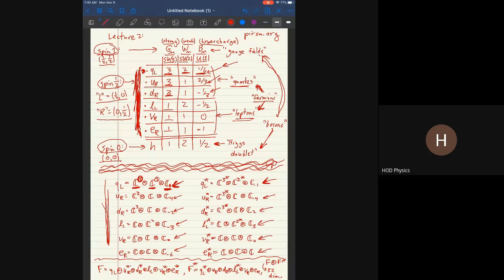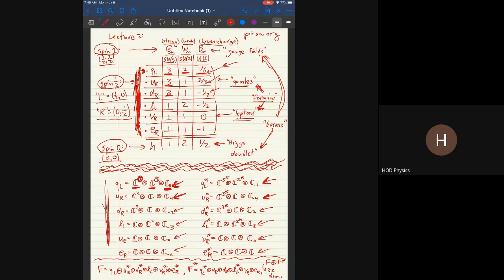That transforms in the complex conjugate representation under the gauge group. And so I've added what I've called Q left star here. So for every representation on the left-hand side, which was described in the table above, there's a corresponding complex conjugate representation on the right-hand side, which is the star of that representation.